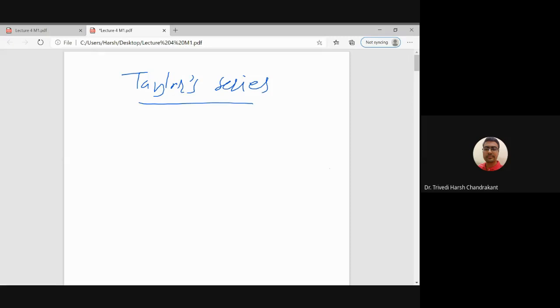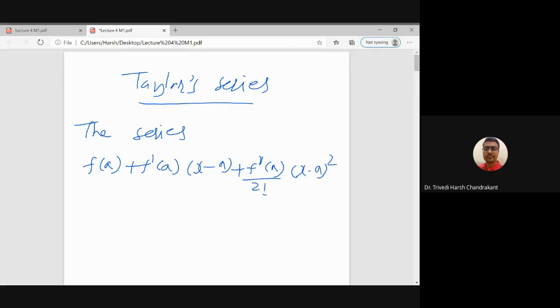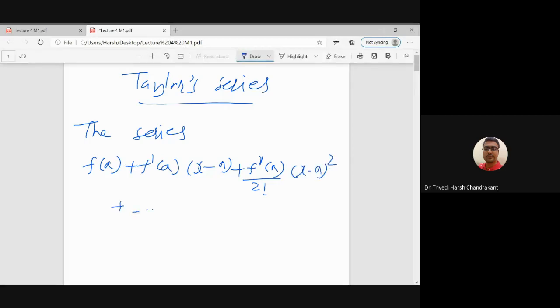So they are differentiable as many times as we want. So can we expand them in terms of mean value theorem using all the derivatives? So that is basically the series expansion. So f(a) plus f dash a times (x minus a) plus second derivative of a by 2 factorial times (x minus a) square, and so on. And the nth term will be this one.